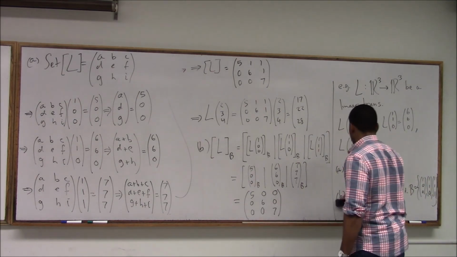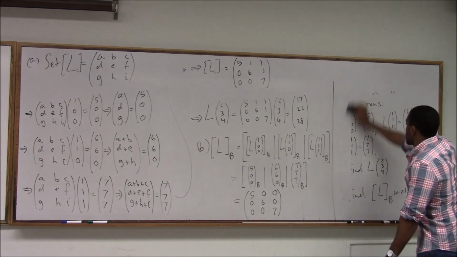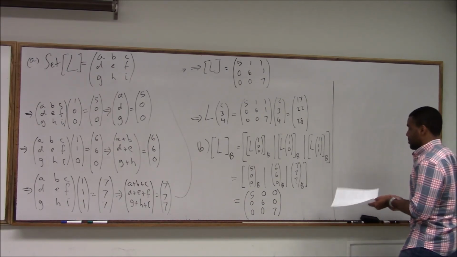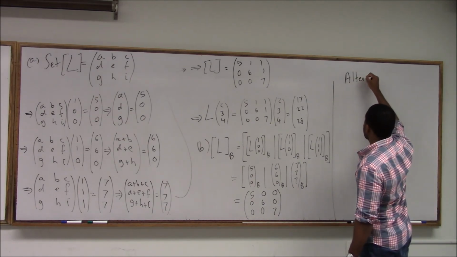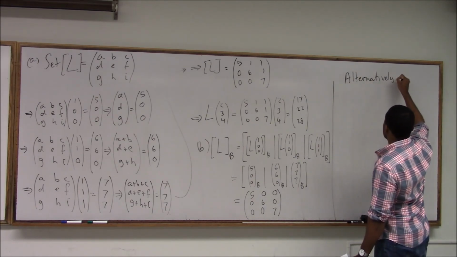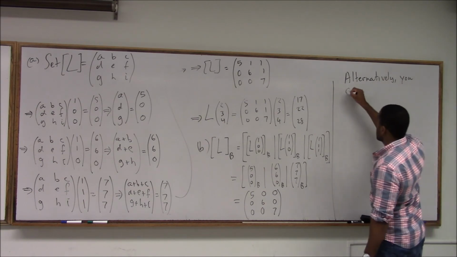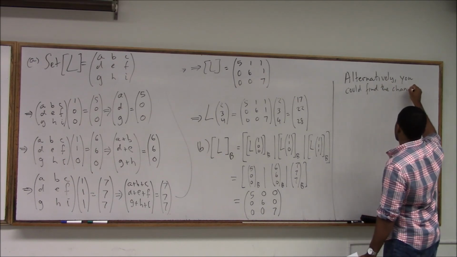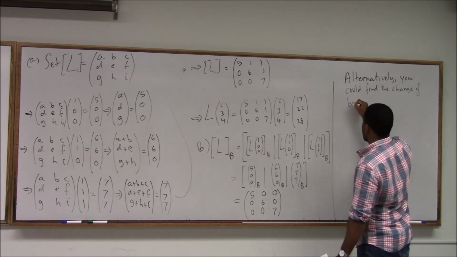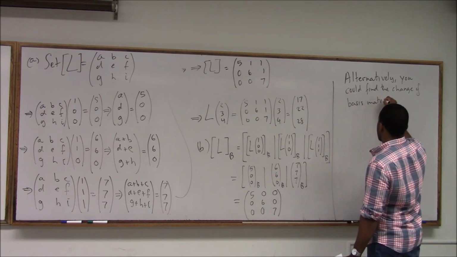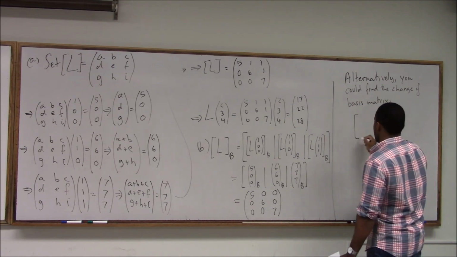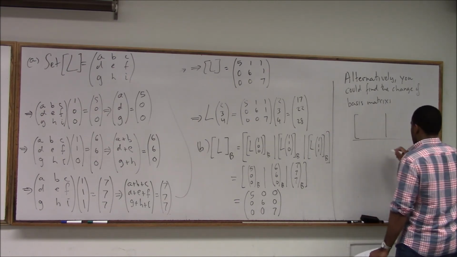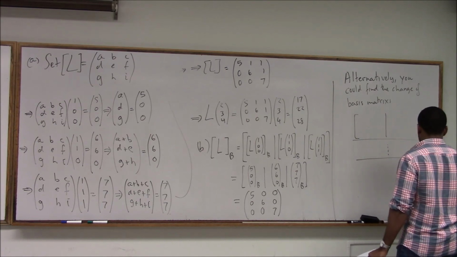An alternative to B, you could also find the change of basis matrix. So that means you augment the old basis and the new basis, and then you do the reduced echelon form.